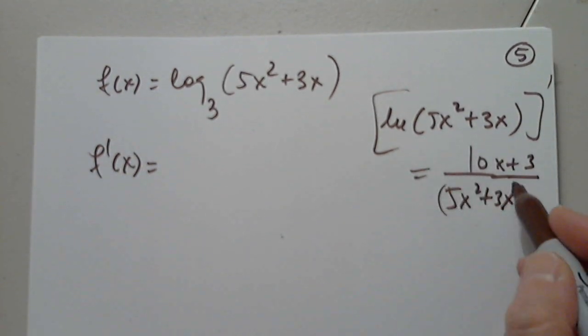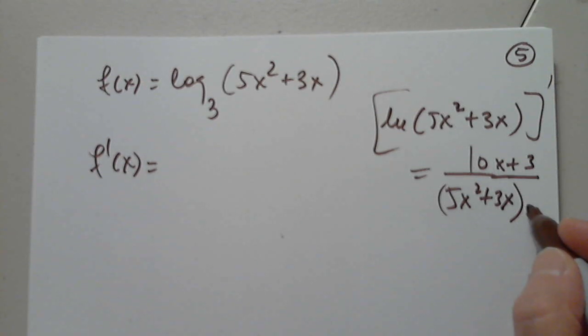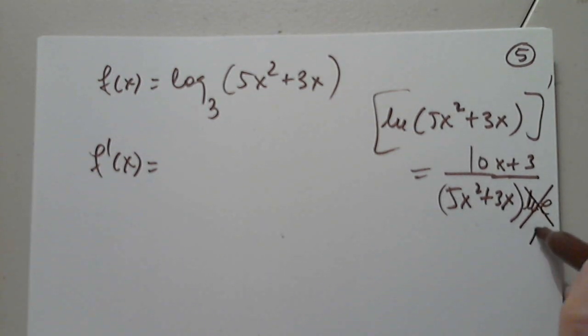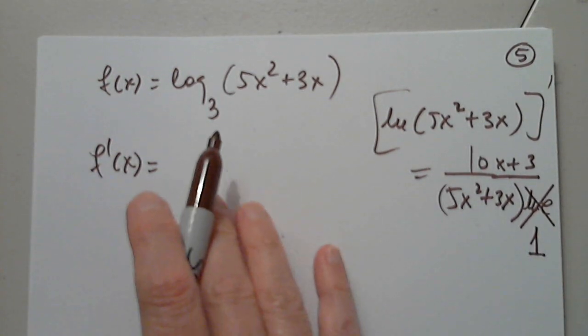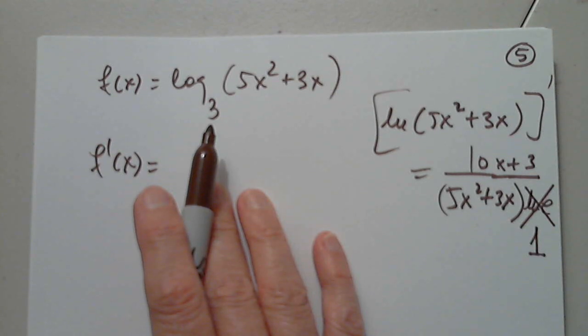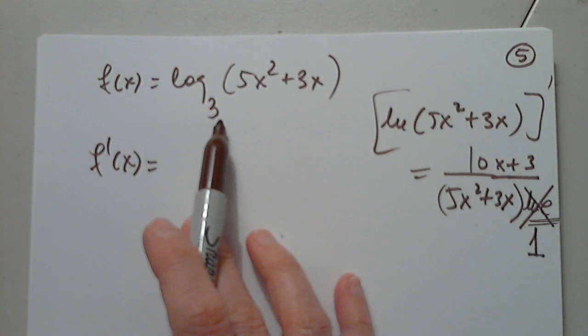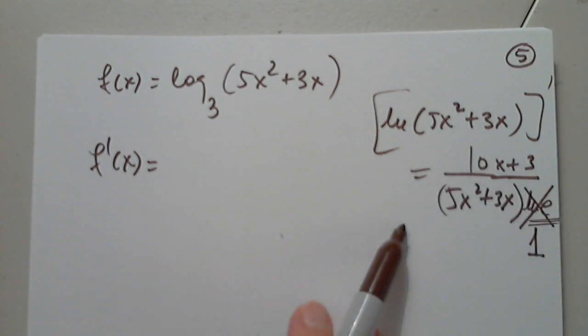And we should, in the denominator, right, we should divide by natural log e, but we don't because it's 1. So this is the only difference here. It's the same thing, but we do have to have natural log of 3. So the formula is the same.